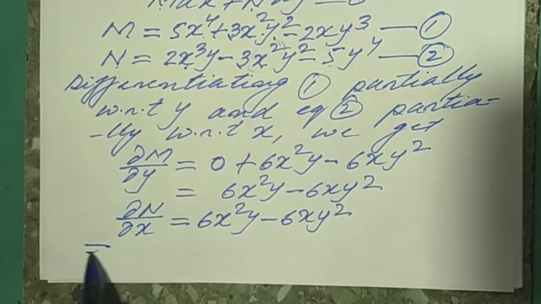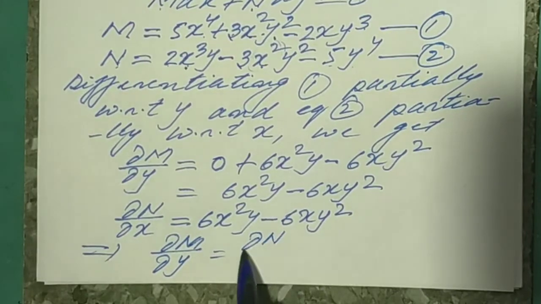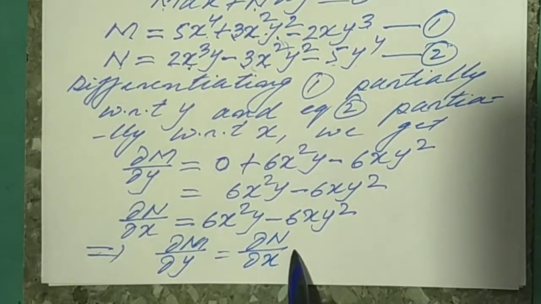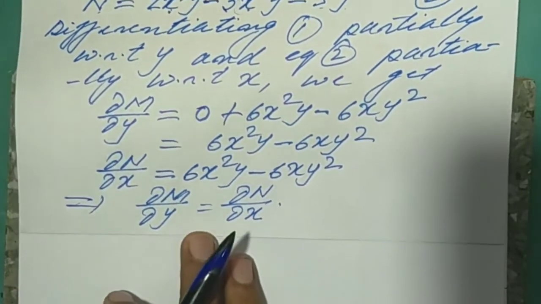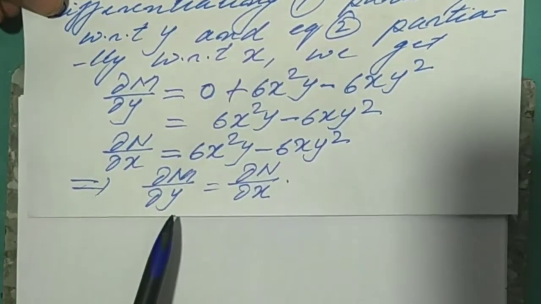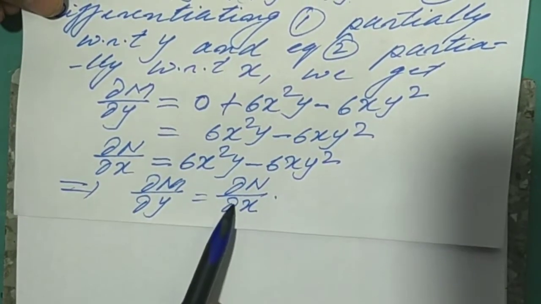So it implies that del M over del y is equal to del N over del x. Now we come to the conclusion that the given differential equation is an exact differential equation, because the necessary condition del M over del y is equal to del N over del x is satisfied.